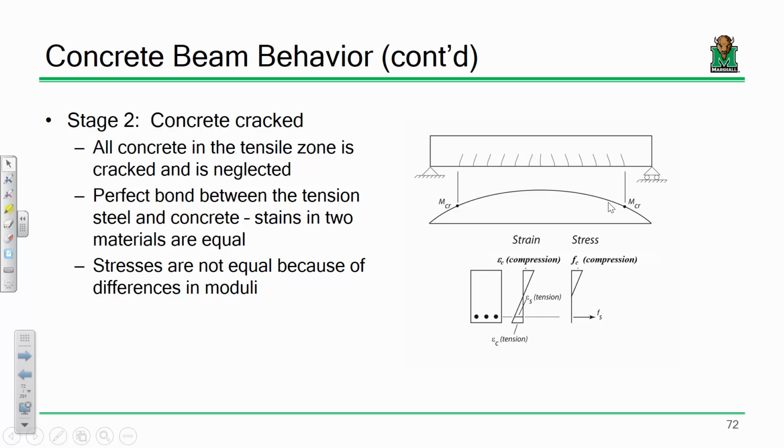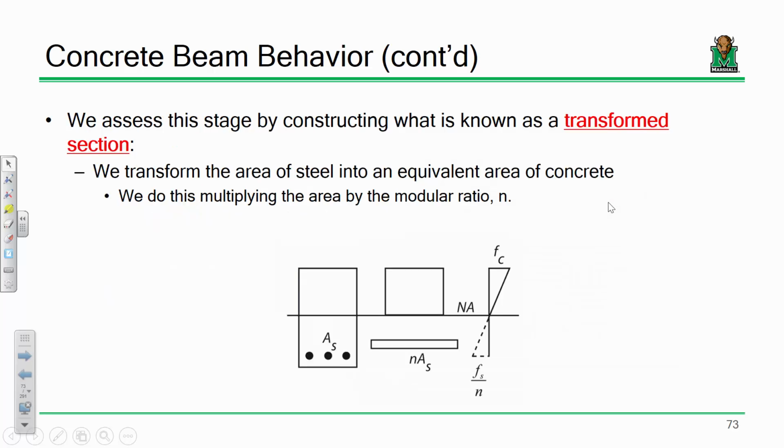One of the ways we handle that is we make a blanket assumption right off the bat. Once we have exceeded the cracking moment, we assume that every bit of concrete in the cross-section that is experiencing tension is ineffective. Doesn't do us any good whatsoever. Anything in tension, gone. Let's say this is where the neutral axis is. Anything below the neutral axis that would be experiencing tension, it's gone.